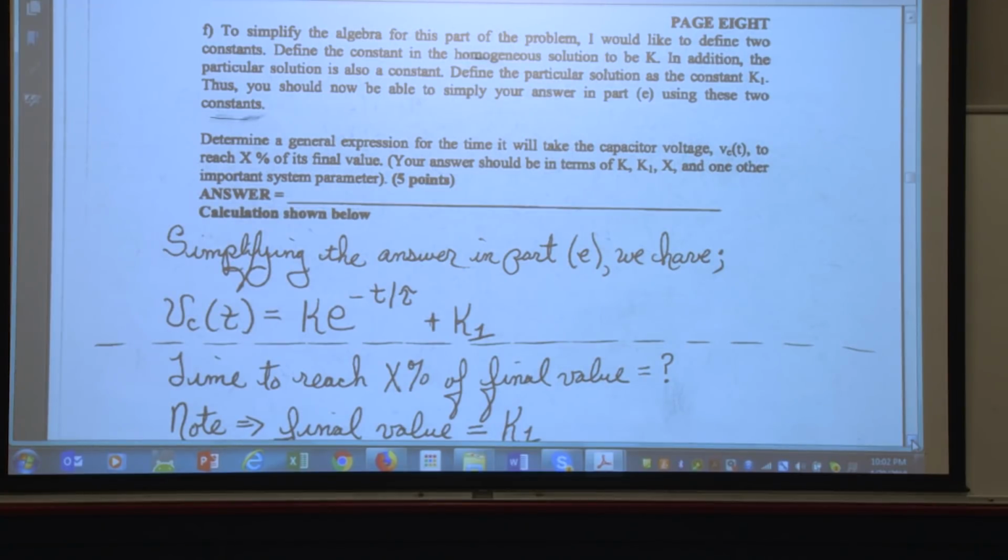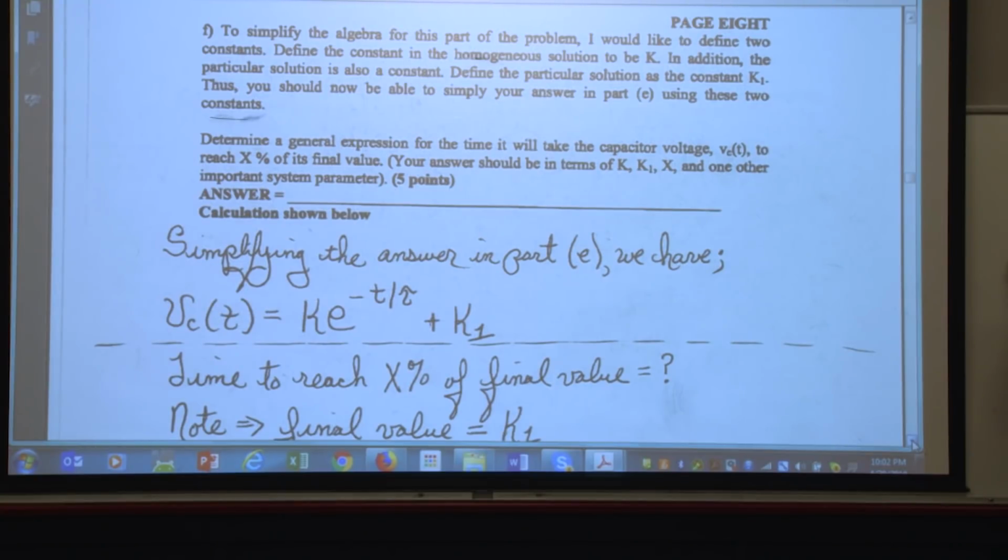All right, determine the time it will take the capacitor voltage to reach X% of its final value. This is very similar to the problem we had on exam 3. Or no, exam 2. About how long does it take to reach 90% of the final value.